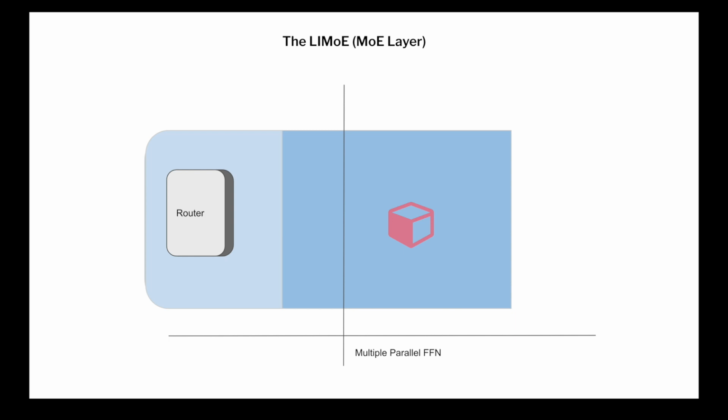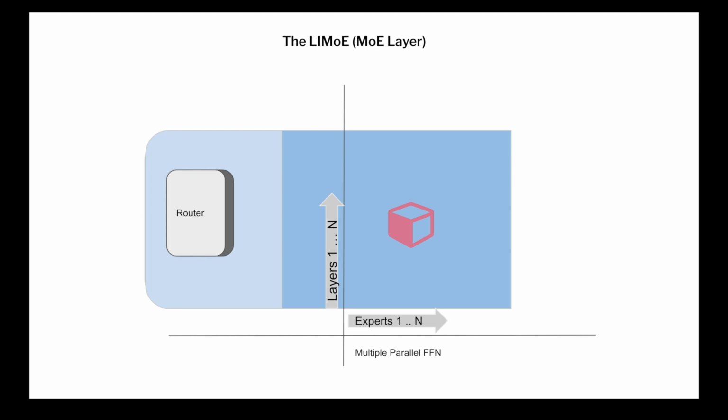For a standard MOE, there will be multiple experts. In LIMoE, the single FFN is replaced by an expert layer, and that contains many parallel FFNs, and each of which is an expert, or we can call them individual experts.